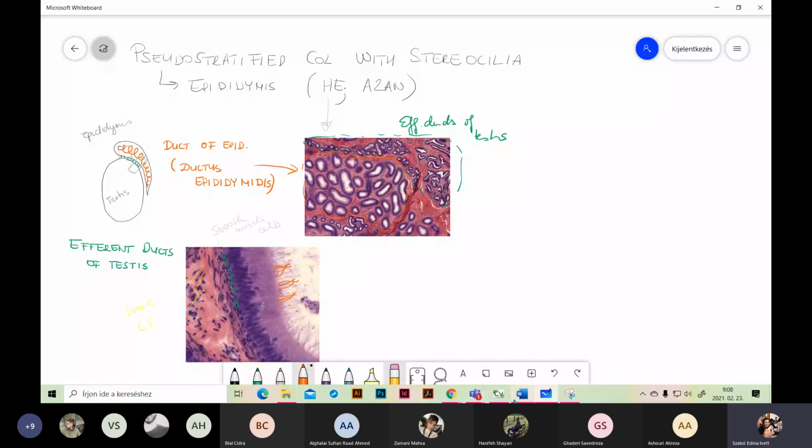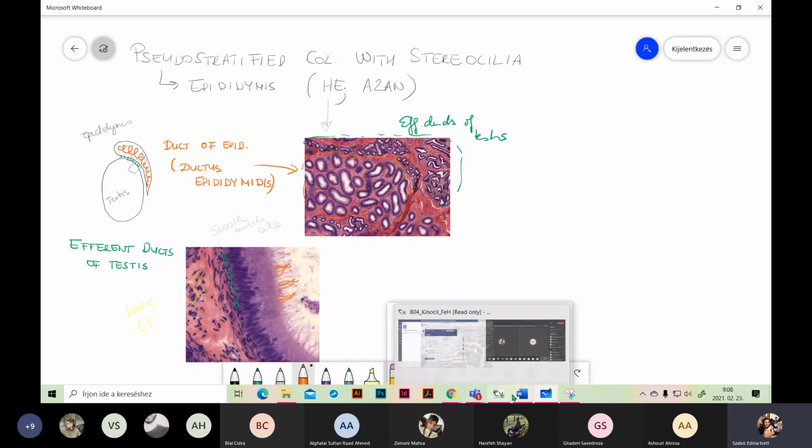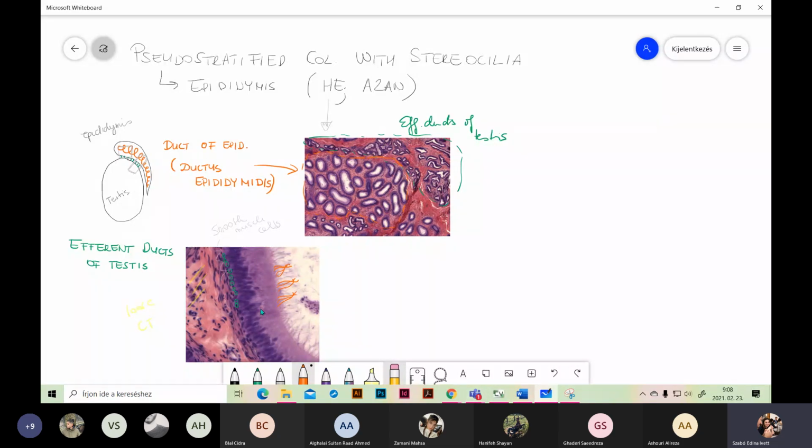Okay, and let's see the epithelium again. Between the columnar cells, sometimes we can find lymphocytes. Okay, like extra cells, lymphocytes.